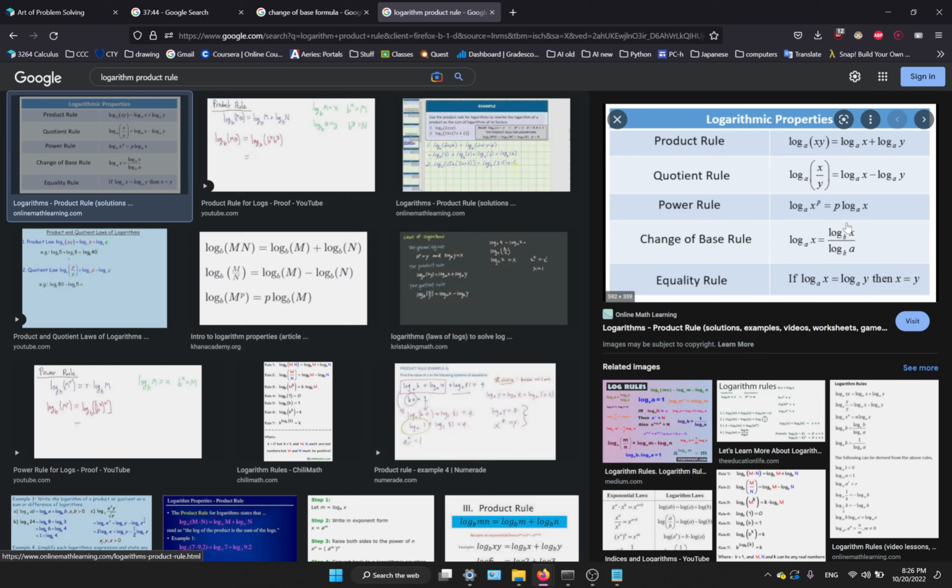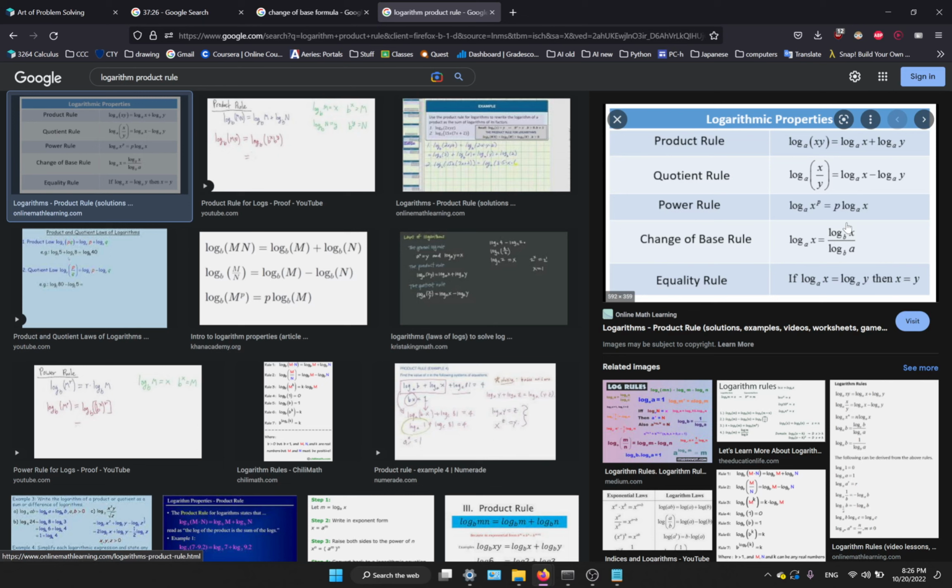Let me put that in parentheses. Log x squared over log 2 log 3. I'm just using the change of base formula again.